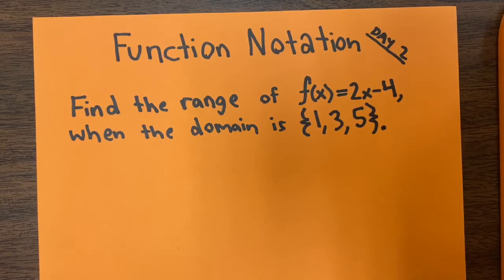So now we'll move to the next page in the notebook. So now it wants us to find the range of f of x equals 2x minus 4 when the domain is 1, 3, and 5.